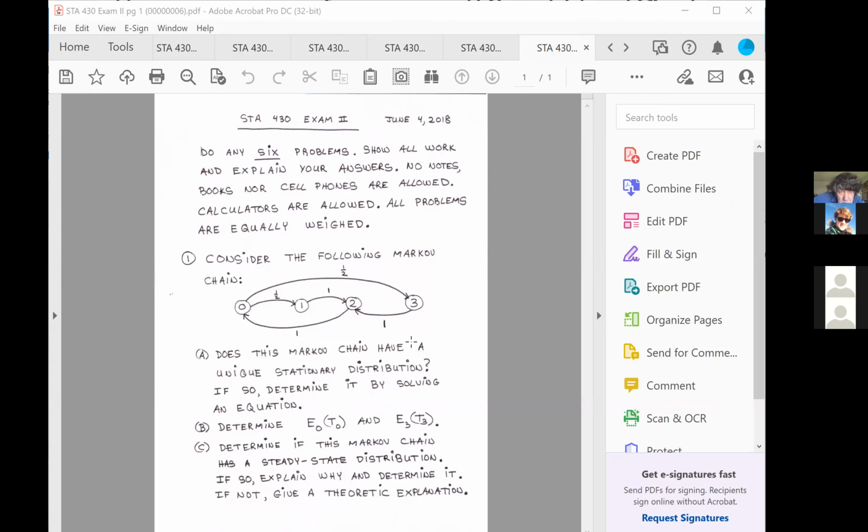Is it a steady state? This is a problem that I'd like you to do for homework in preparation for our test. Any questions on this before I go to the next slide? I want to go slide by slide if possible, because some things I don't want you to do. And this problem, I want you to do it all.